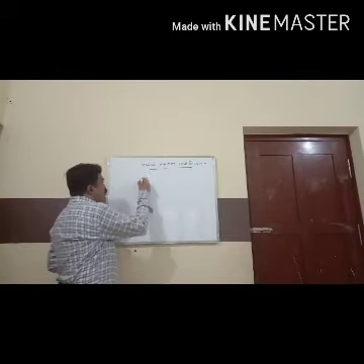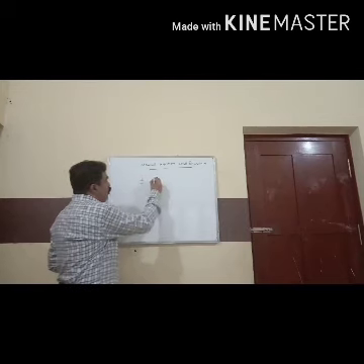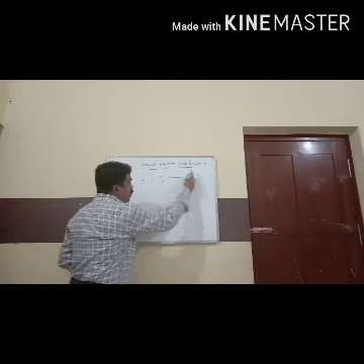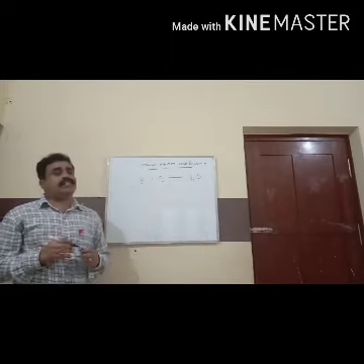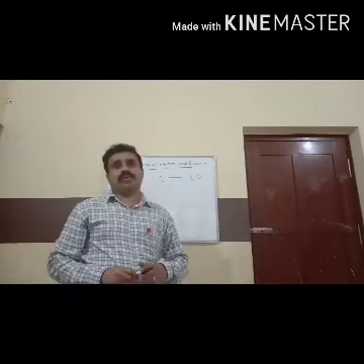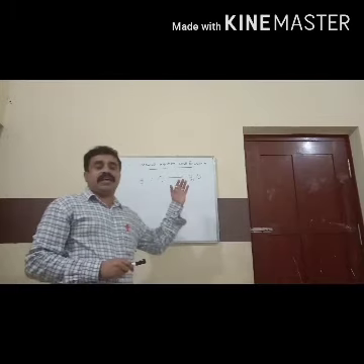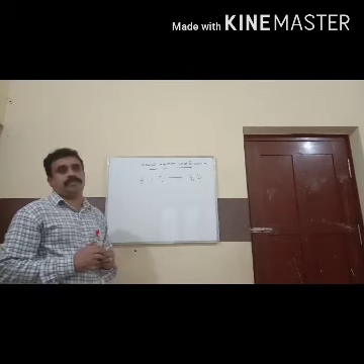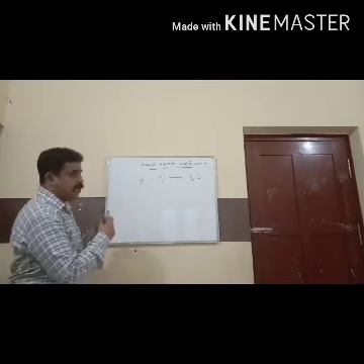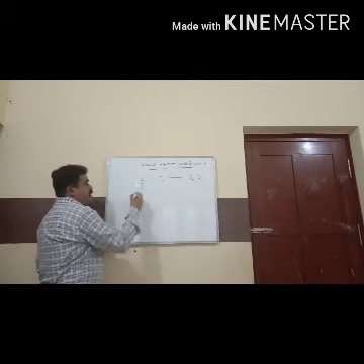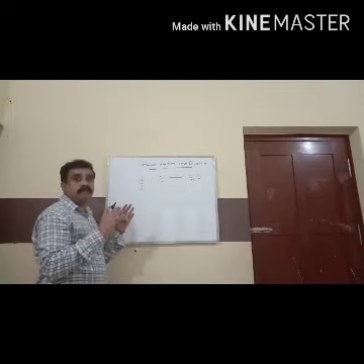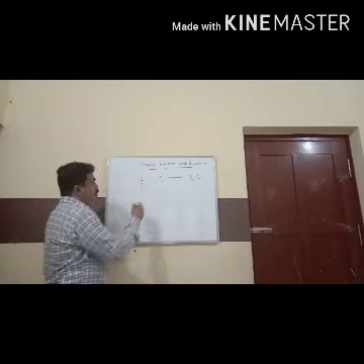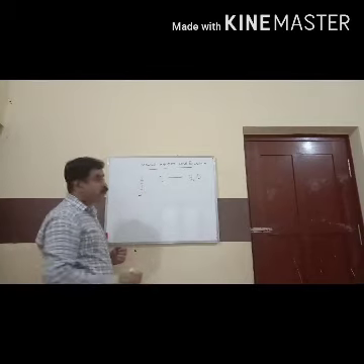Here, hydrogen gas reacts with oxygen gas to form water. It's an unbalanced chemical equation, a skeletal equation. But we can see it does not obey the law of conservation of mass. We'll see how. The atomic mass of hydrogen is 1, so the molecular mass will be 2 because it is H2.